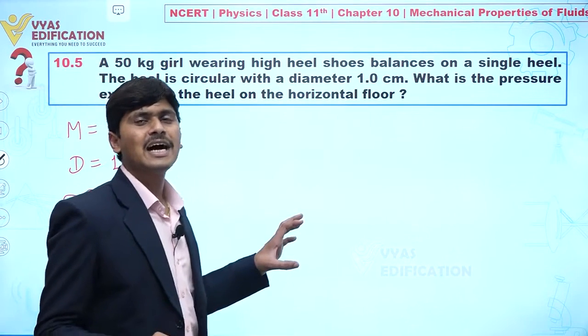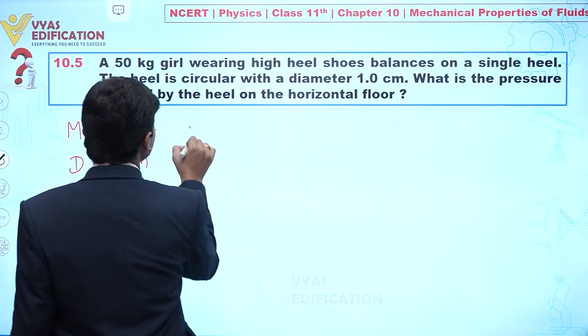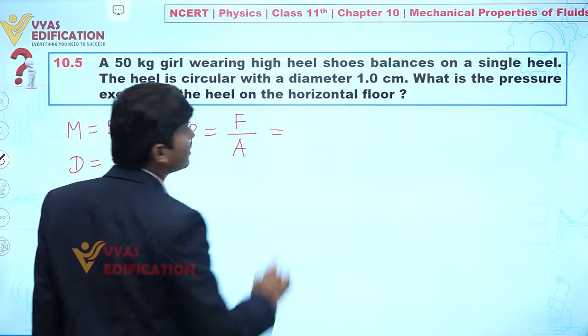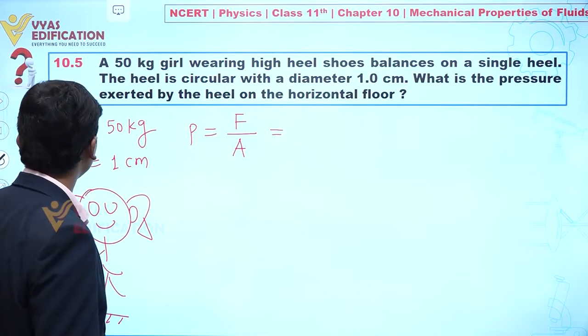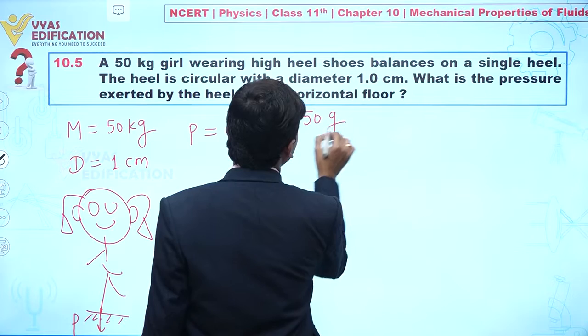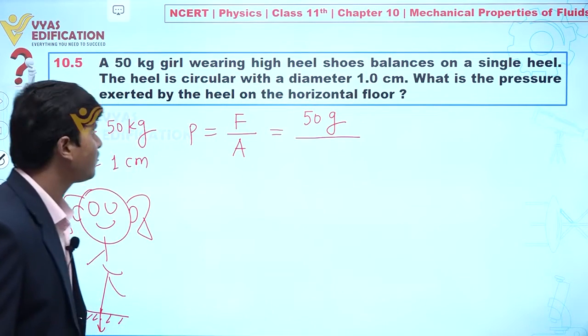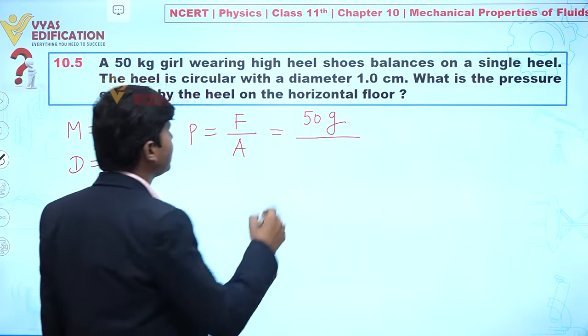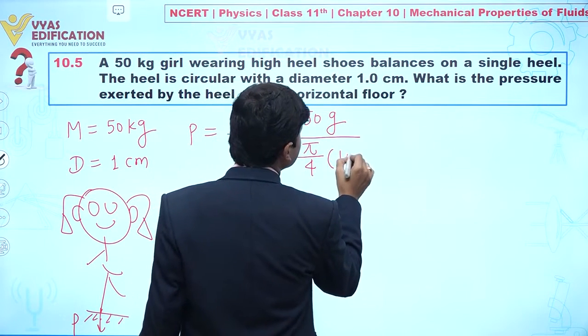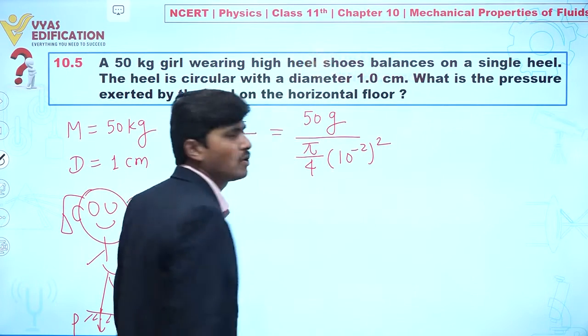So now how can we calculate the value of pressure? Pressure is given by force per unit area, clear? The force we have: because the mass is 50 kg, the force is 50 g, divided by the area, which we can write as pi by 4 into d square, that is, 10 to the power minus 2 whole square.